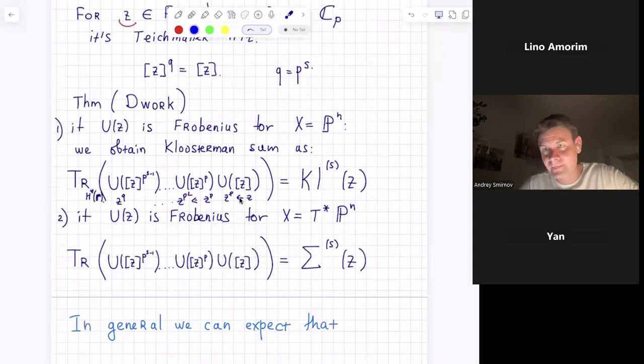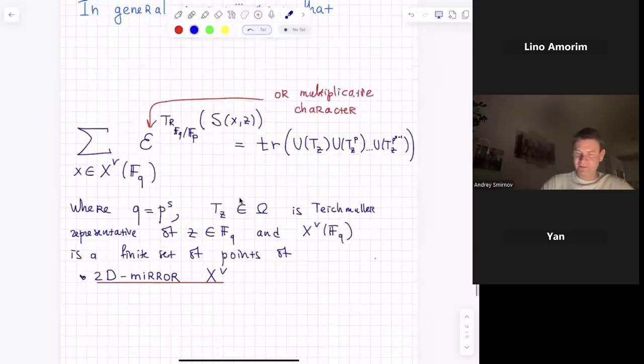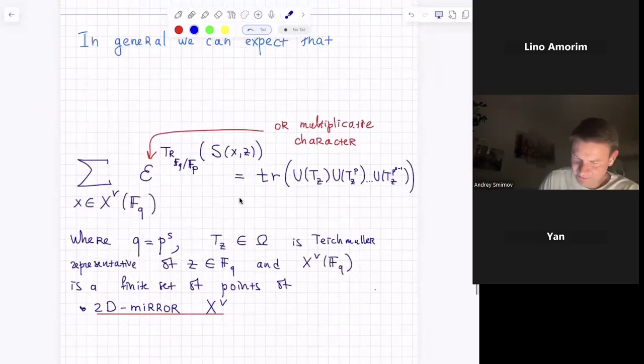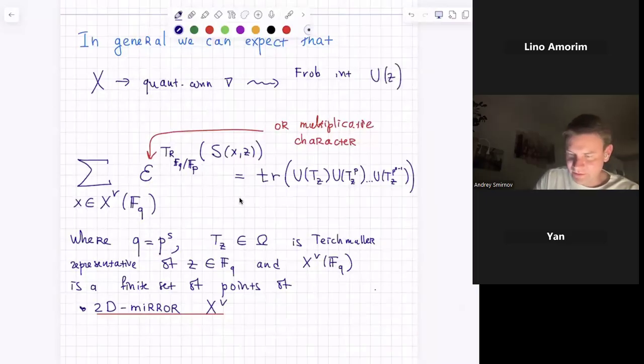Well, in general, one can expect the following thing. If you have X with its quantum cohomology, so maybe I write it here, you have X, you have the quantum connection, then you construct from it Frobenius intertwiners, and then you study its traces as before.